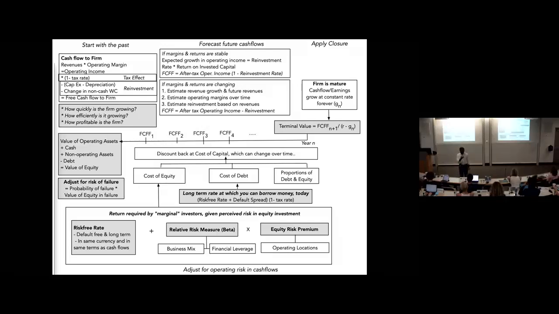So if your net CapEx is zero, you're keeping your assets fixed. If your net CapEx is negative, you're actually reducing your investment in capital assets. If the net CapEx is positive, you're adding to it. So net CapEx is what you're investing in long-term assets. So from after-tax operating income, I subtract out the net CapEx. That's what you're investing in long-term assets.